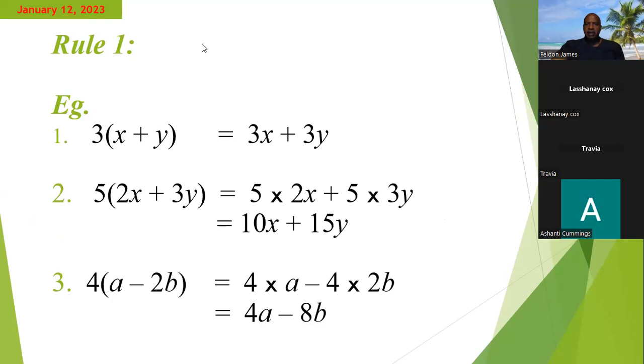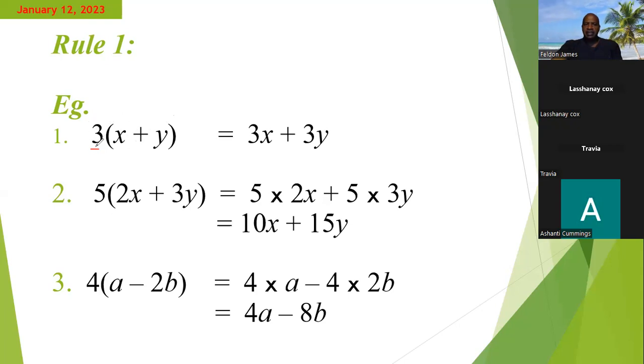So here, when we're looking at rule 1, we are using what is outside to multiply what is inside, but we are doing so in a distributive way. To distribute means to give out. So as we're multiplying, we are giving the 3 to each of what we have in the bracket.